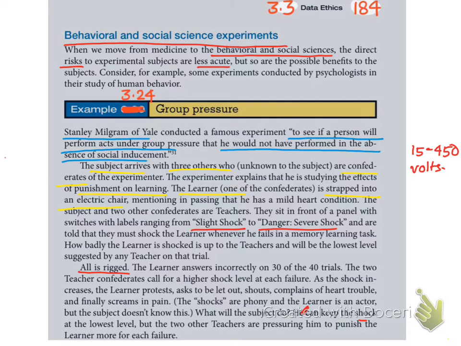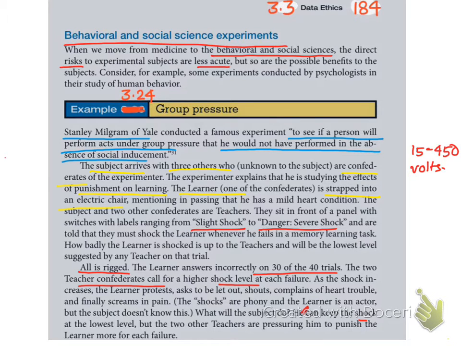Each time the subject asks the learner a question, if it is wrong, the teacher has to increase the intensity of the shock. Out of 40 trials, just 30 were incorrect. The teacher confederates called for a higher shock level at each failure.